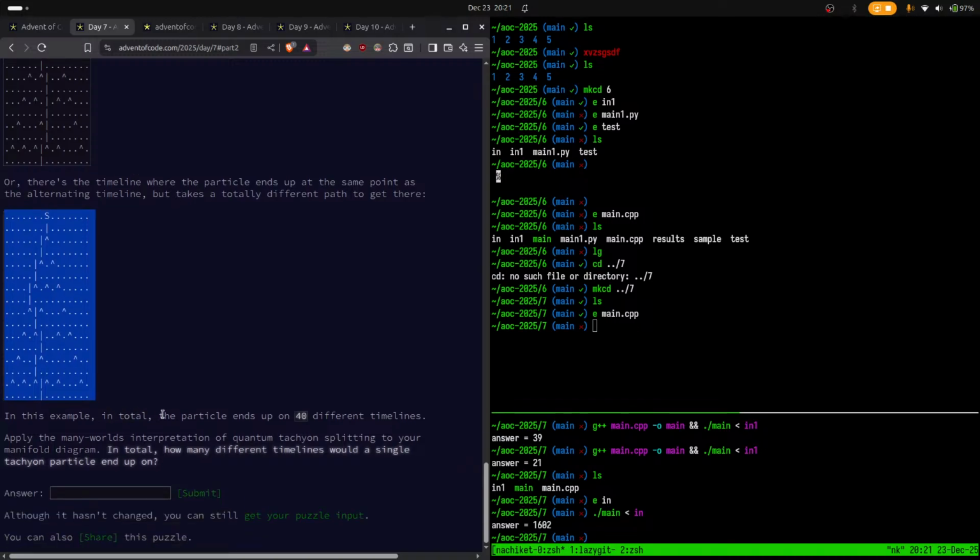In this example, in total, the particle ends up in different timelines. So, is the definition of timeline something like a path followed? Apply the many worlds interpretation, you end up on different timelines.